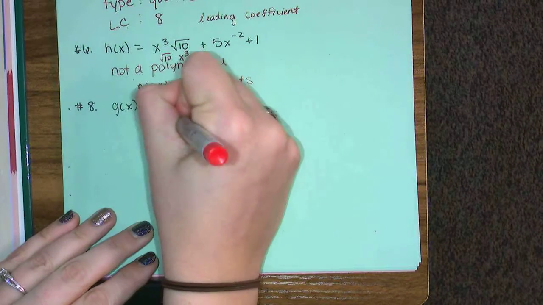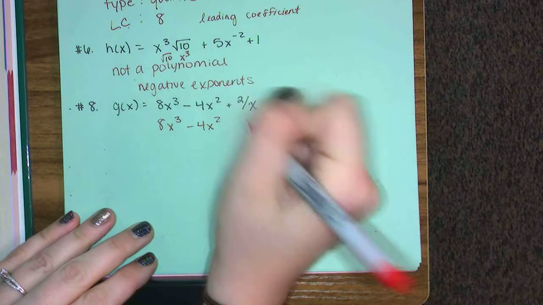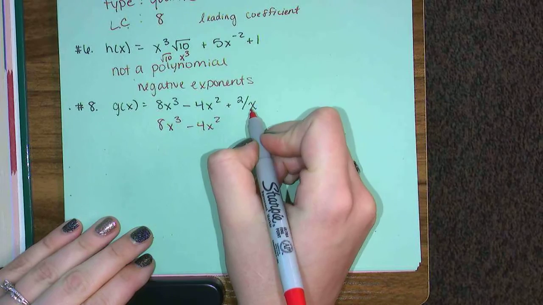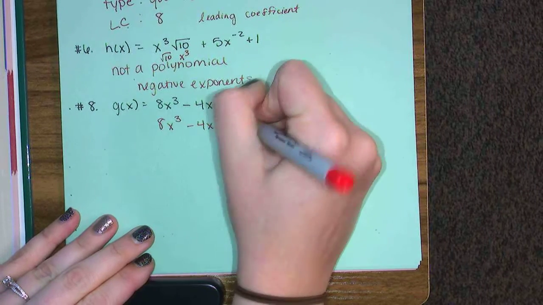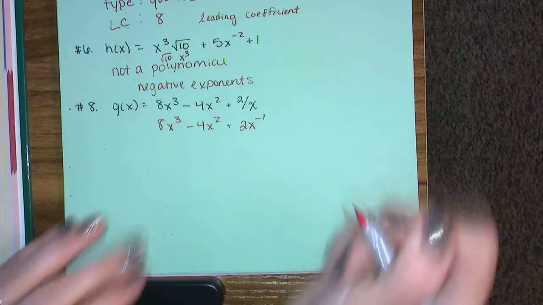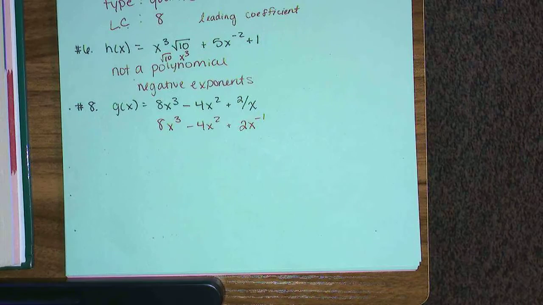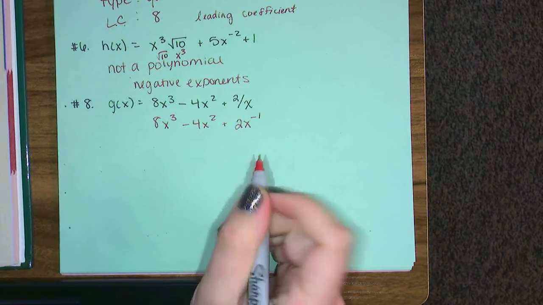8x cubed minus 4x squared, and then like Tabitha just said, this x has to move to the top. We can't have it in the denominator, so that would be 2x to the negative 1, following the rules of exponents from last time. So I now have a negative exponent, meaning it's not polynomial.